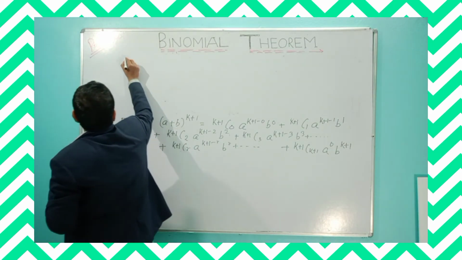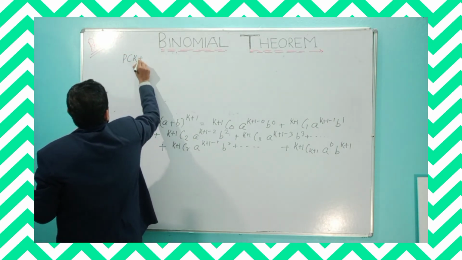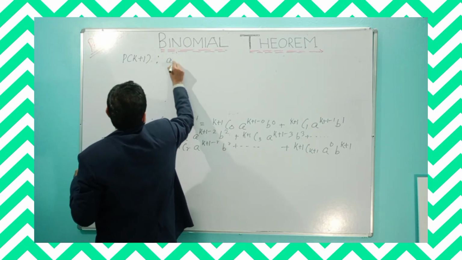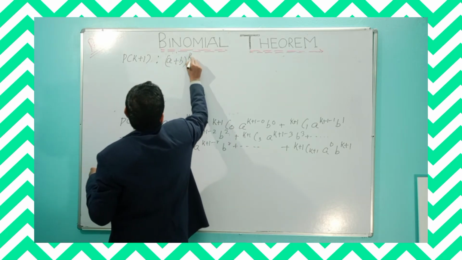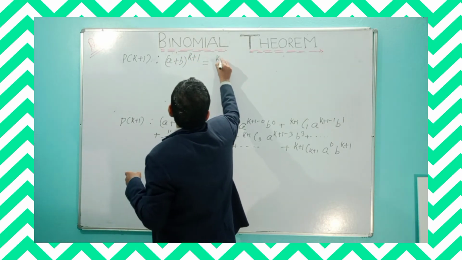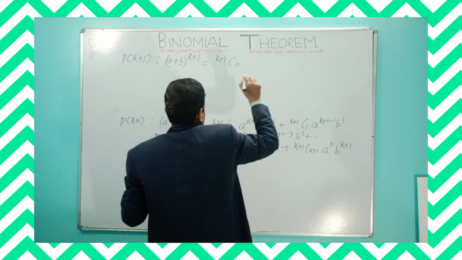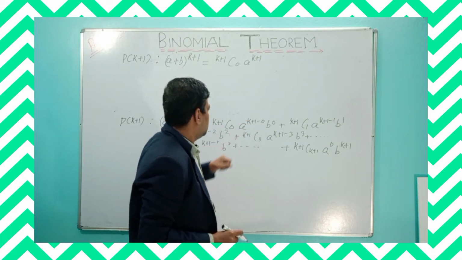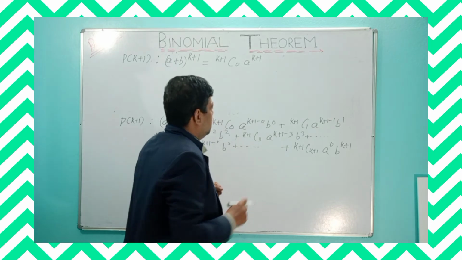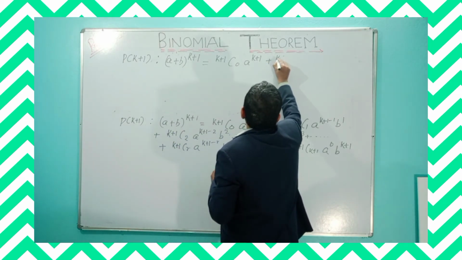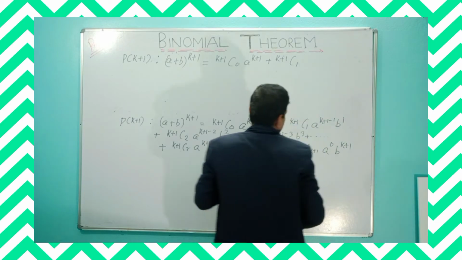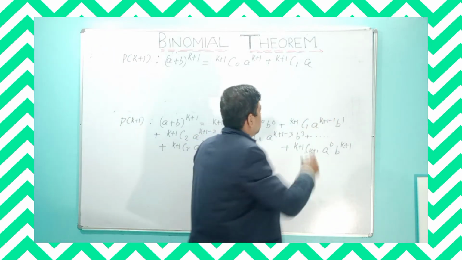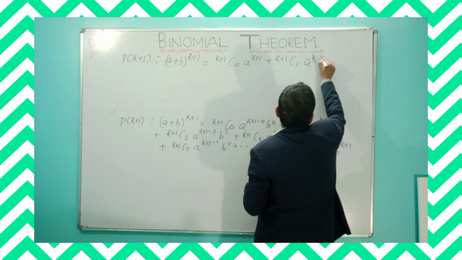It means P(k plus 1), once again I am writing, the statement is that (a plus b) whole to the power k plus 1 is equal to (k plus 1)C0 a to the power k plus 1, b to the power 0, which is 1, plus (k plus 1)C1, a to the power k plus 1 minus 1, cancel, it will be k, and b to the power 1.